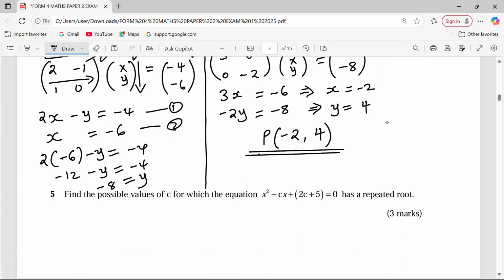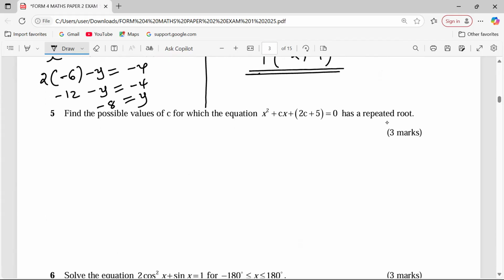Let's look at number 5. Find the possible values of C for which the equation x squared plus cx plus 2c plus 5 equals 0 has repeated roots.